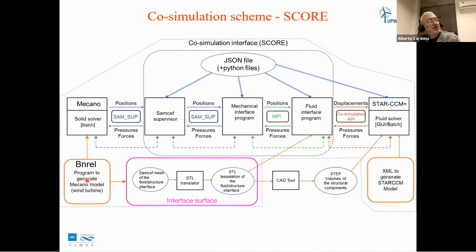After running BNREL, we obtain data for Meccano and also a description of the geometry, which is then communicated to Star-CCM to generate the mesh around the wind turbine. So all the process, all the simulation, is started from this single piece of software where we describe the system.